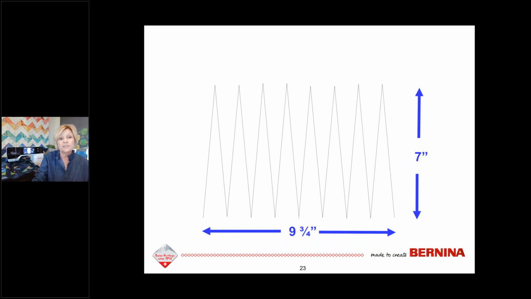You can download the free software with ArtLink, put the design in there and resize it. It will recalculate the stitches. And of course, if you have the Designer Plus software, you can do the same thing. This actual design, I digitized myself because I really liked that zigzag pattern.